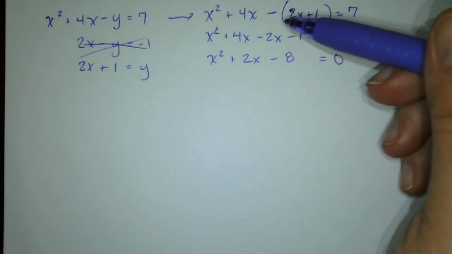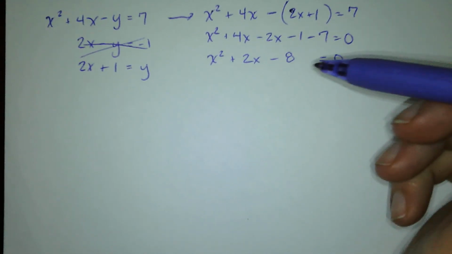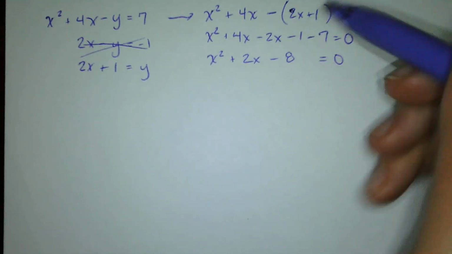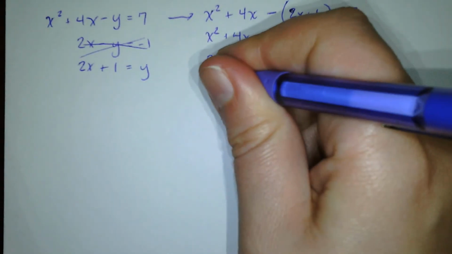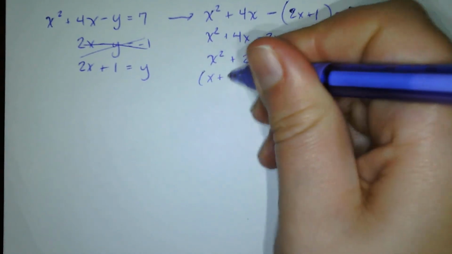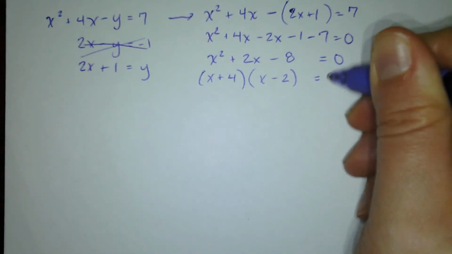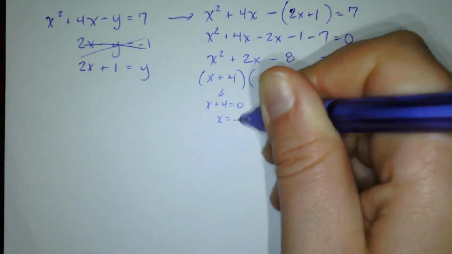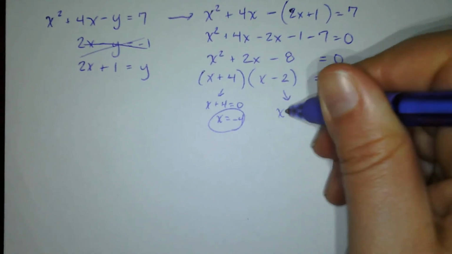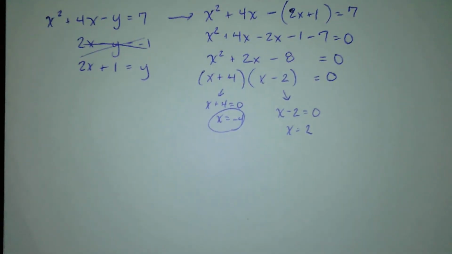And so we substituted in for y, we distributed the negative, we brought everything over to one side. The reason I did that is because we need to solve this for x. This has to be equal to 0 so we can factor: x plus 4, x minus 2. And then we're going to solve this. All right.